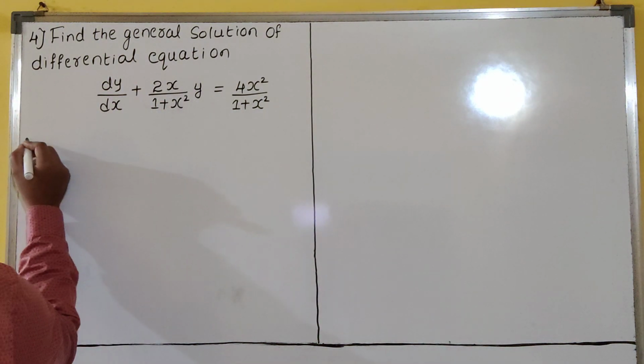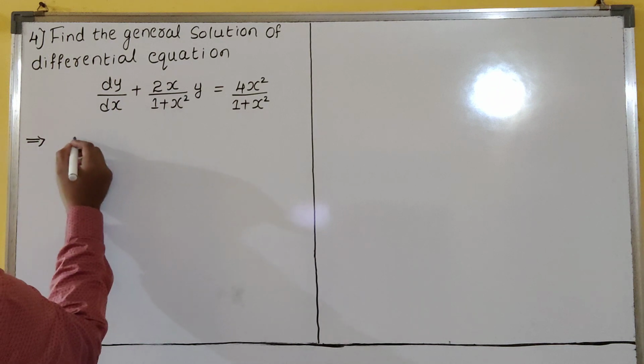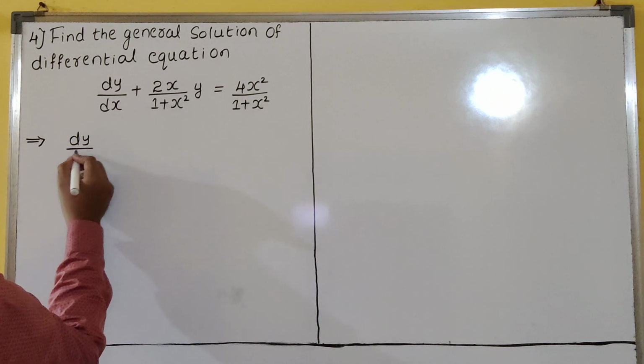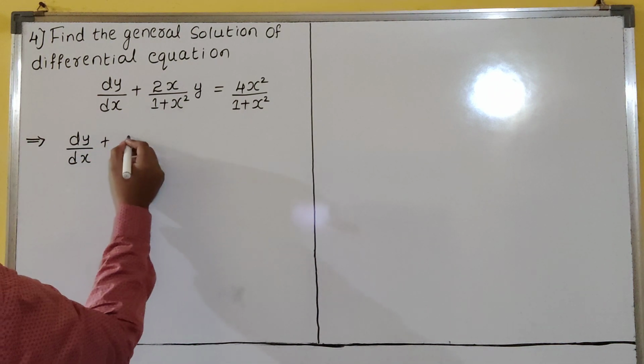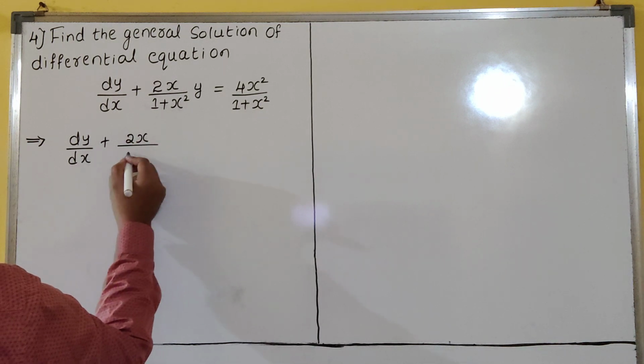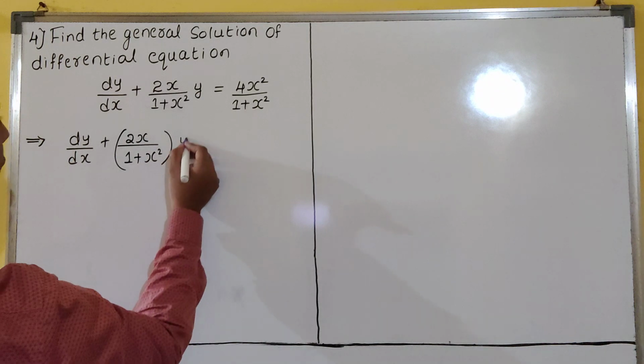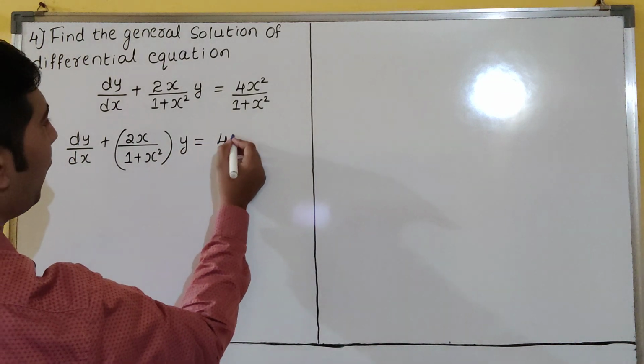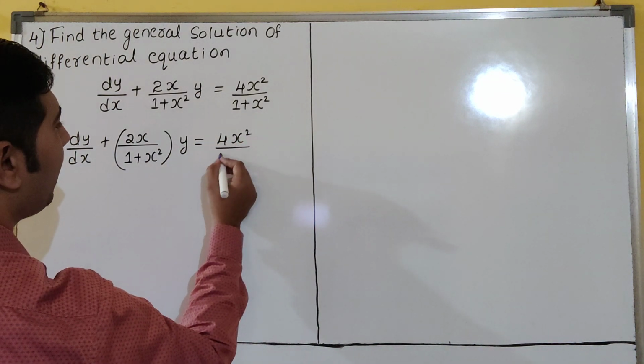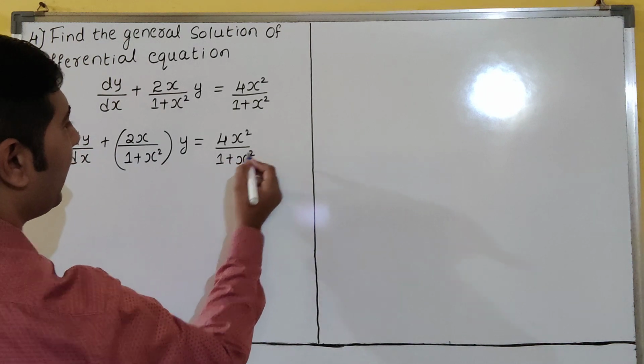So now first you write the given equation as this. dy by dx plus 2x divided by 1 plus x square into y is equal to 4x square divided by 1 plus x square, dear students.